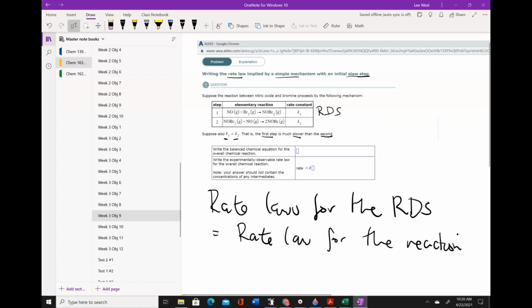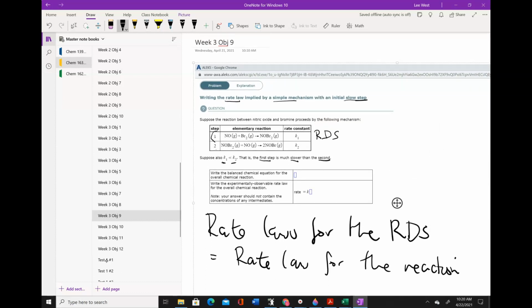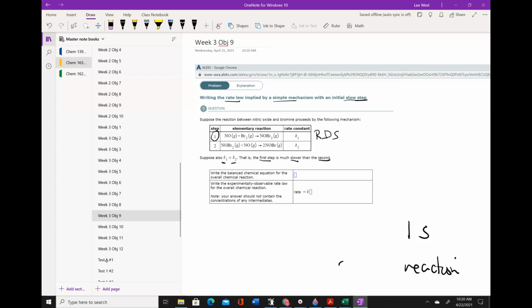Now, because step 1 is an elementary reaction, we can get the order of the coefficient of the reactants in its rate law just from the elementary reaction stoichiometric coefficients.